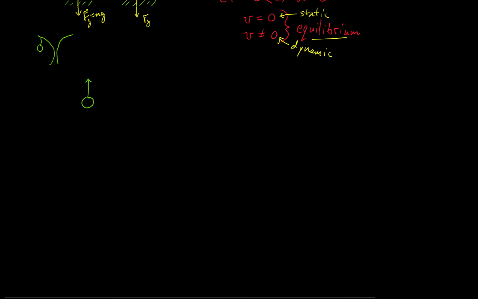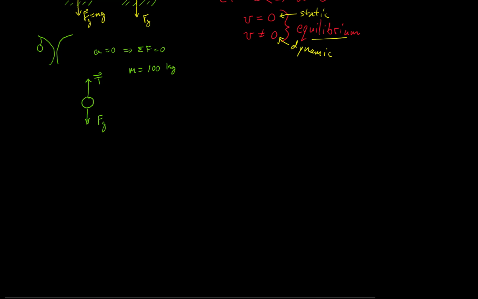It's not moving, so we know that the acceleration is zero, which implies that the net force has to be zero by Newton's first law. Since it's hanging from a rope, we'll have some tension force up here, and then you're going to have the force of gravity acting downward. Now let's suppose that the mass of the orangutan is, say, 100 kilograms.